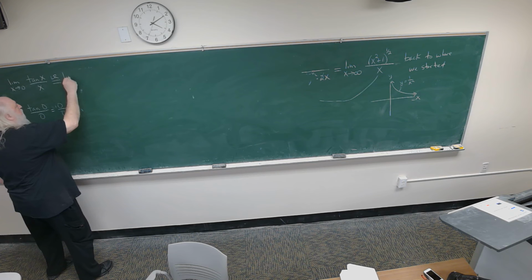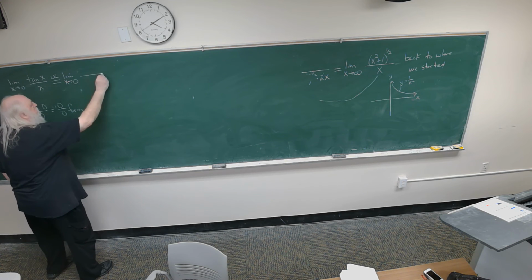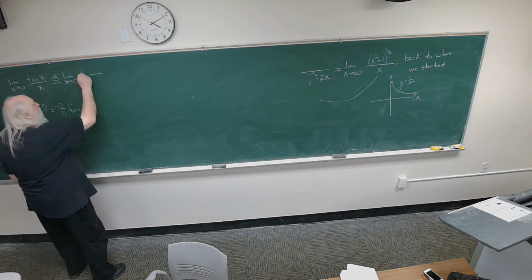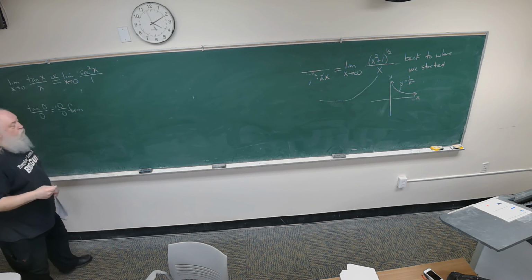So this is equal to the limit as x approaches 0. Now we got to differentiate. What's the derivative of tangent x with respect to x? Secant squared x. And the derivative of x in the denominator is equal to 1.